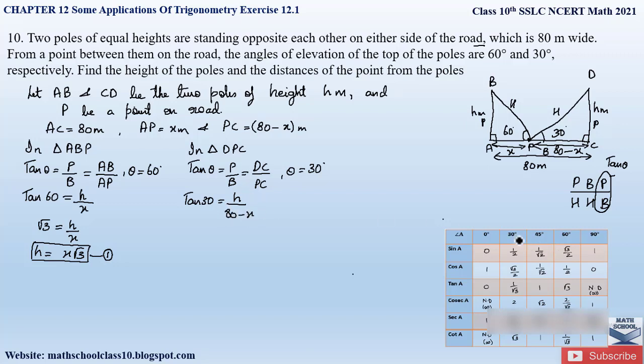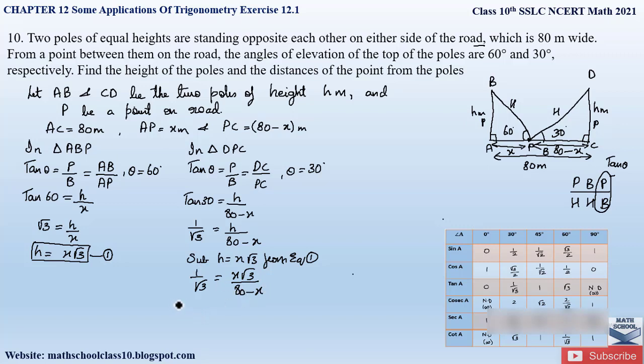Tan 30 is 1 by root 3. So it is 1 by root 3 equal to h divided by 80 minus x. So from equation 1 we can substitute the value of h. So substitute h is equal to x root 3 from equation 1. Therefore we get 1 by root 3 is equal to x root 3 divided by 80 minus x.